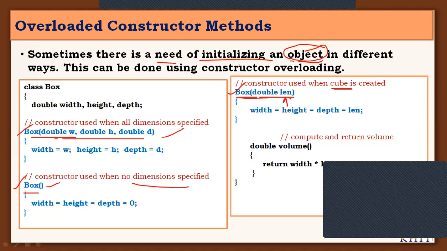So these constructors are different, and the compiler easily identifies them with the feature called overloading. And one method inside this Box class is volume, and it calculates the volume and returns it when we invoke the volume method of the class. Understood?